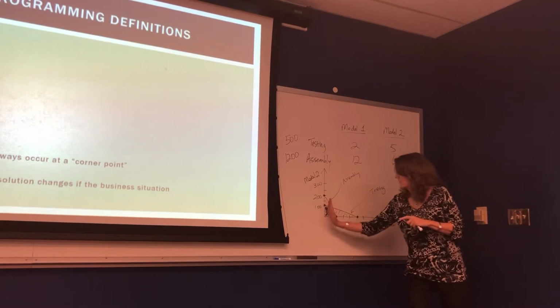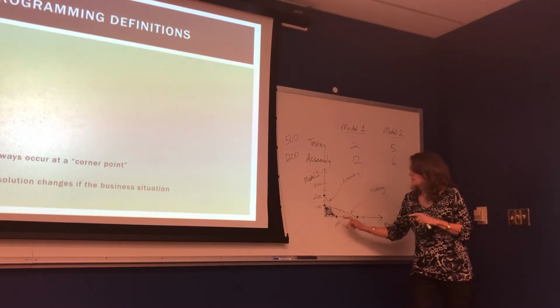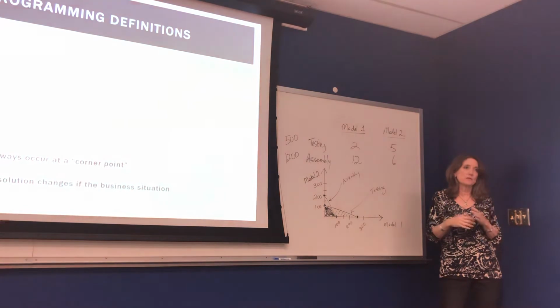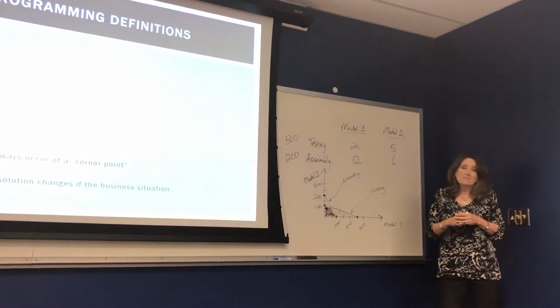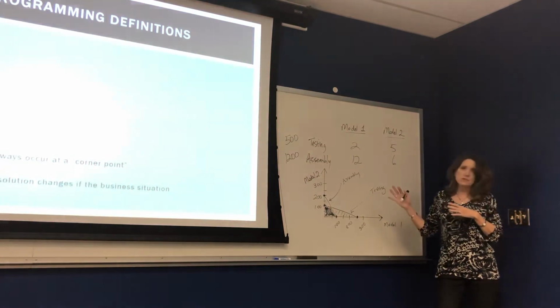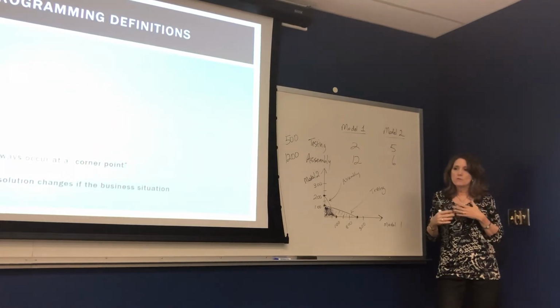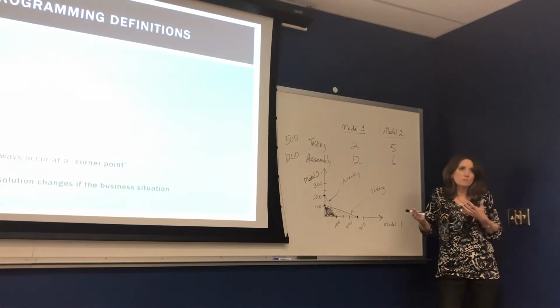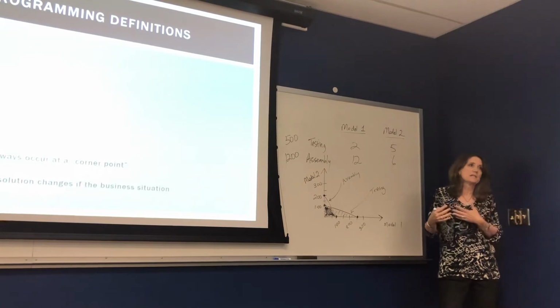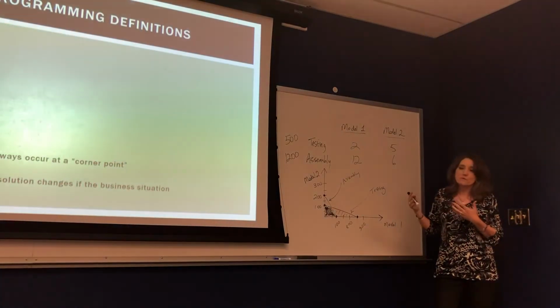Or if it was sloped a little that way, the highest point it might reach would be this one. In other words, that's why it says it always occurs at a point. That may not matter a lot to you. They are gonna explain this in the textbook also, because our linear programming solver model is going to work for us and just tell us, but that's what they're referring to.